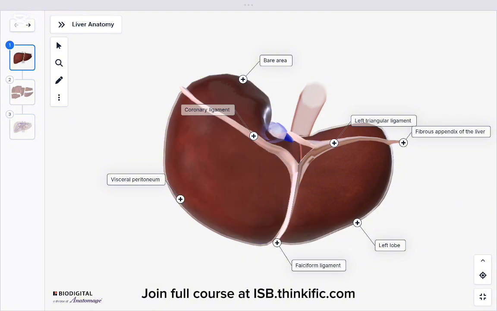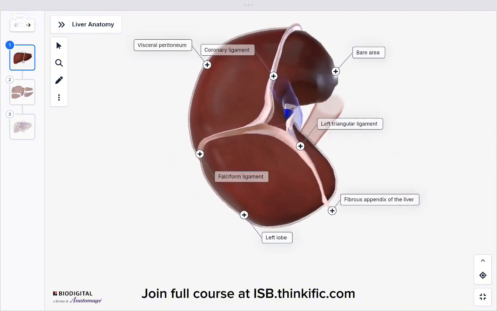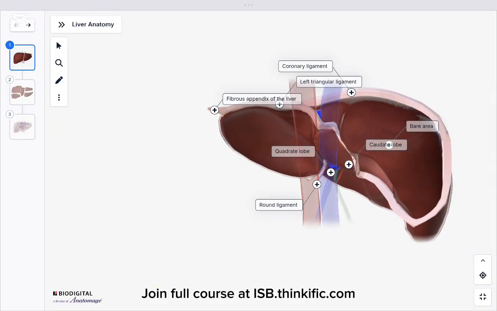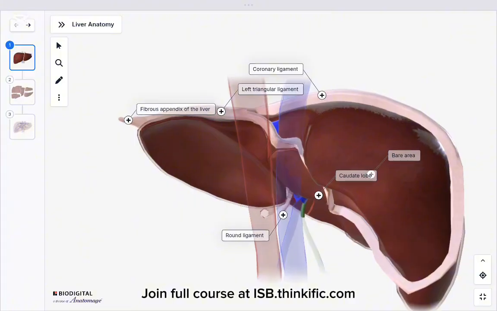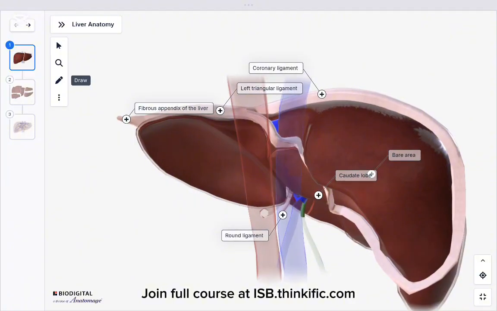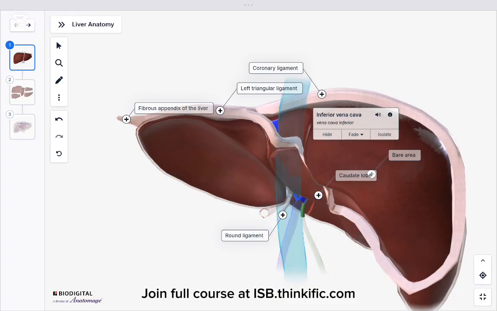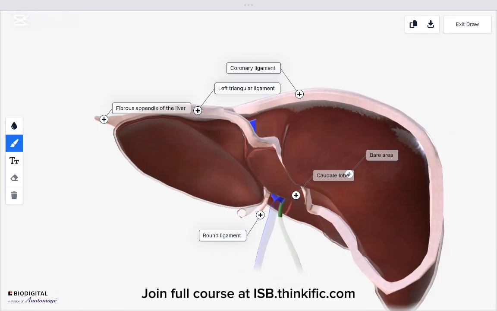And when you go to the back of the liver, you will find another layer. Let's remove this. This is the thoracic aorta and abdominal aorta. We'll remove that. That's the IVC behind the liver. So let me show you again.